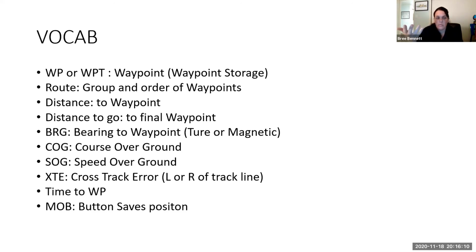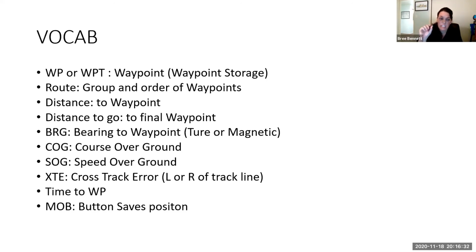I think one of you guys was doing a GPS or GMDSS or radio class next, but they talk about that one click where you can get a task done in just one click of a button. That's what the man overboard button is.